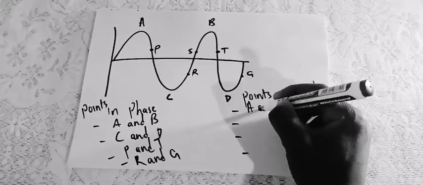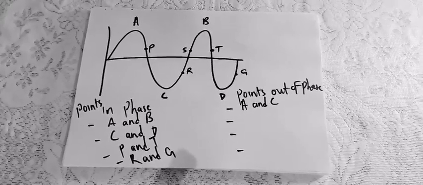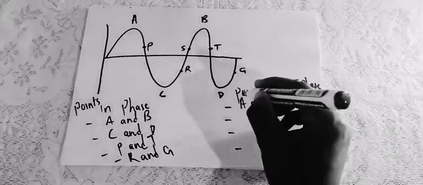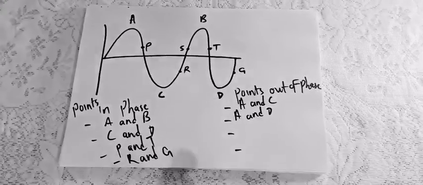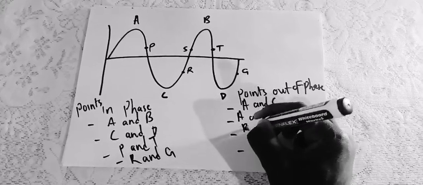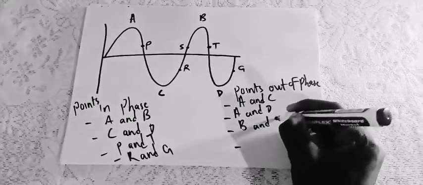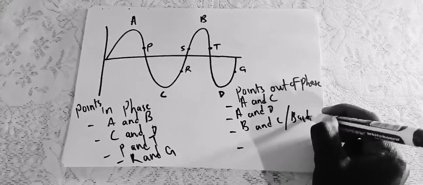A and C, they are out of phase because they are not traveling at the same speed or same time. That's the reason. So A and D, they are also out of phase because A is a crest and D is a trough.